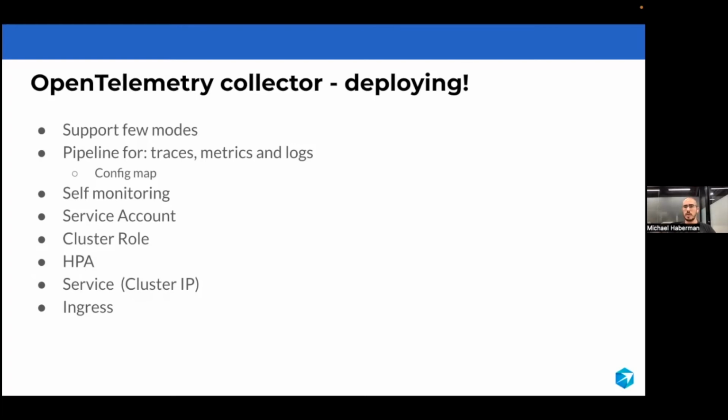Service account, so you'll be able to access all the secret data that you're looking for. Service cluster roles, so you'll have access to the APIs that you need. HPA to make sure that you can autoscale your OpenTelemetry Collector. Remember the scale that you are getting from the application.